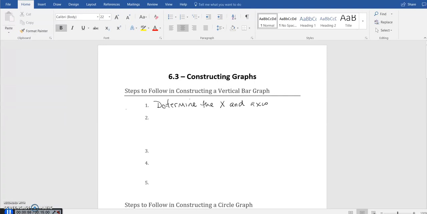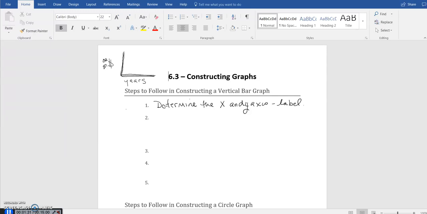Now remember that whenever we are doing this, we've got this graph. In this graph, this could be anything. This could be years, and this could be amount of money. Let's just do this. That could be my amount of money. So we're going to make our x and y axis here, and then we're going to label it.